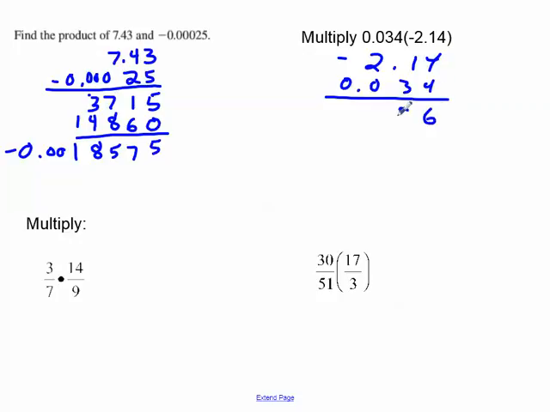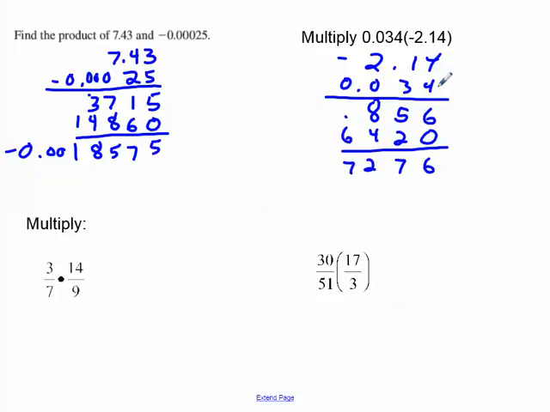Carry the 1. We got a 5. 4 times 2, 8. Put in a 0 here because we're now multiplying by 30 instead of just 3. 3 times 4, 12. Carry the 1. 3 times 1 is 3, plus 1, 4. 3 times 2, 6. 6, 7, 12, 1, 7.